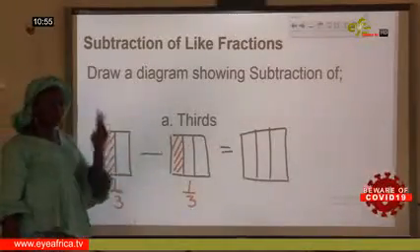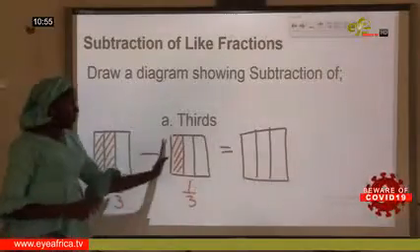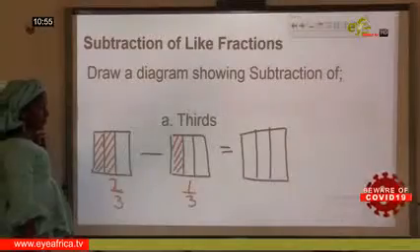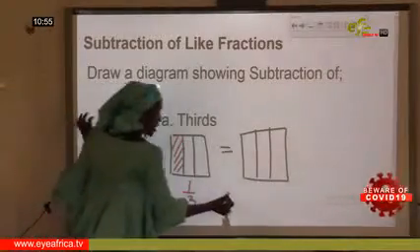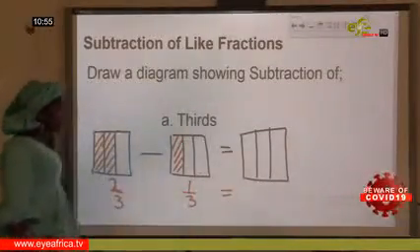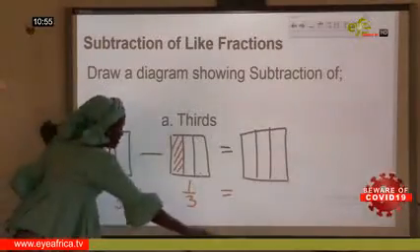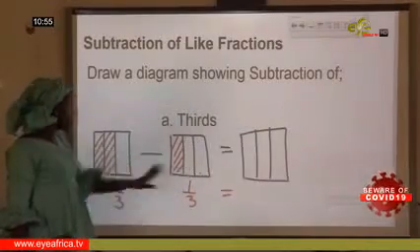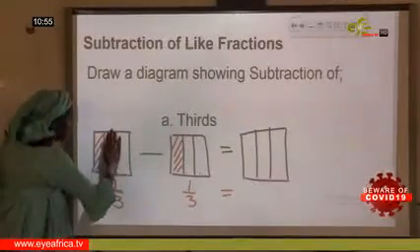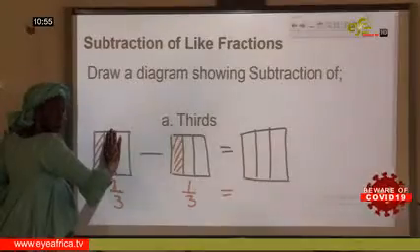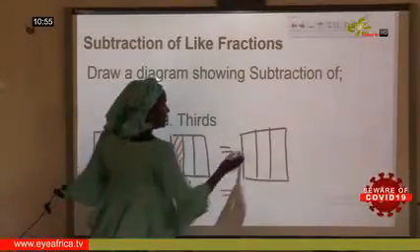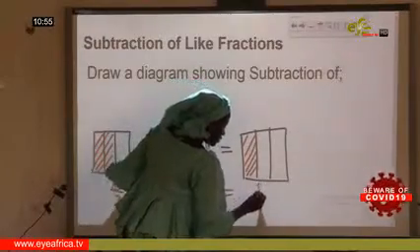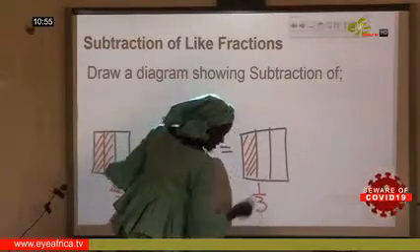This simply means 2 minus 1. So our answer will be what? If I say the two parts here, I subtract one portion of it. So what are you seeing? One portion of it now. So our answer will be 1/3.